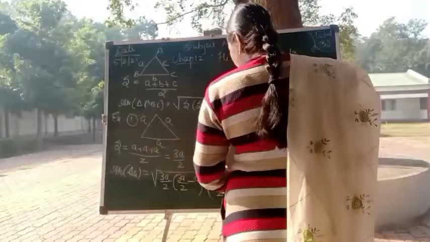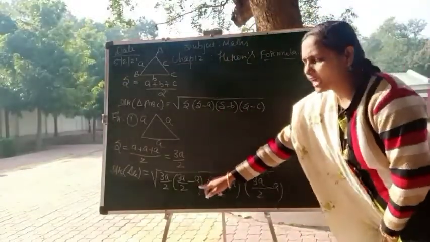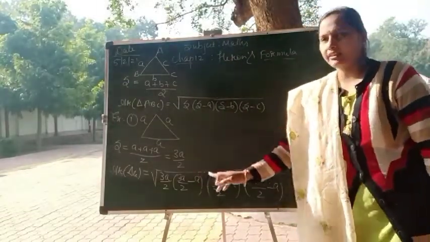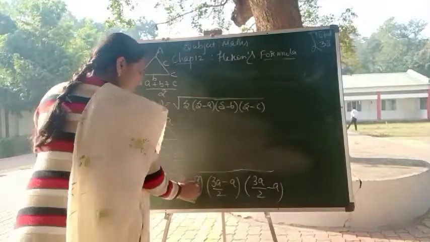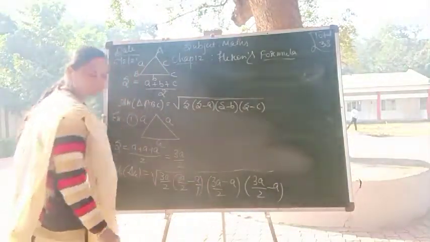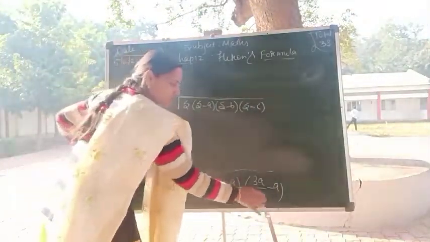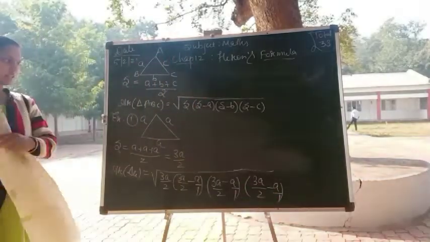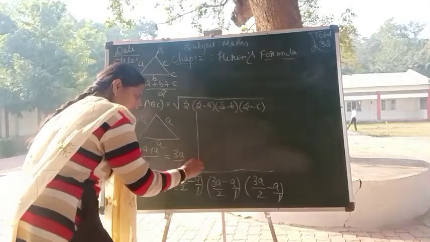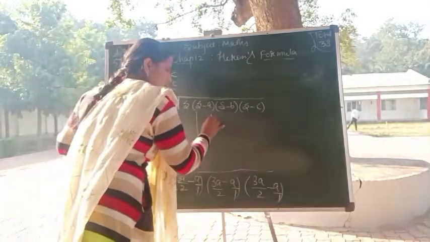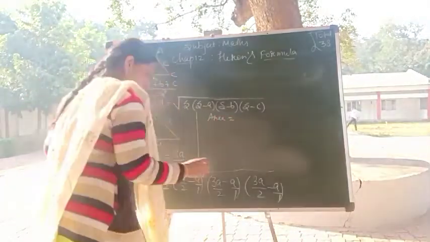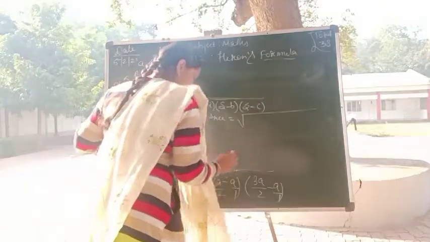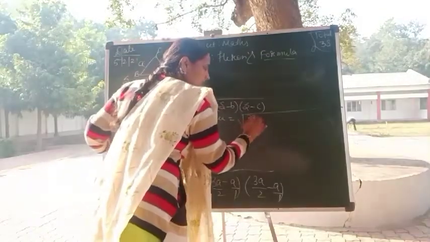Now let us see what we are getting. Here I am having a fraction. Here it is a whole number. In the denominator what is there? Here 1. Take the LCM. 2. Take the LCM. Okay. So area equals under root 3a by 2 as it is.